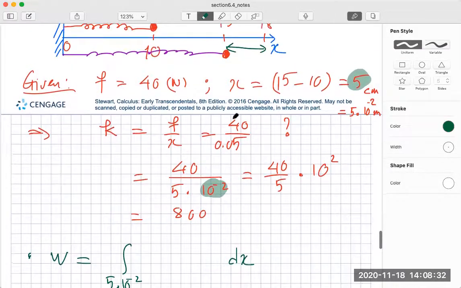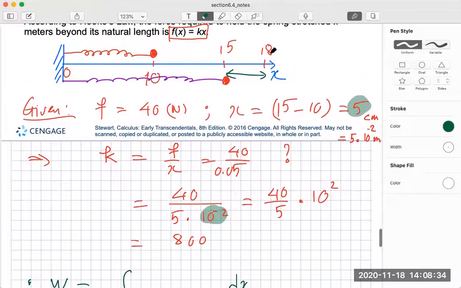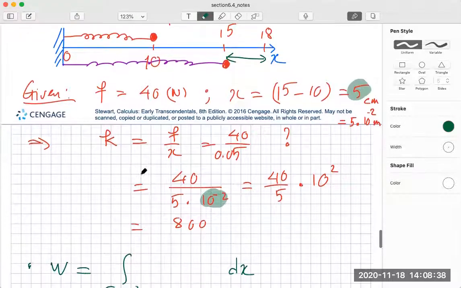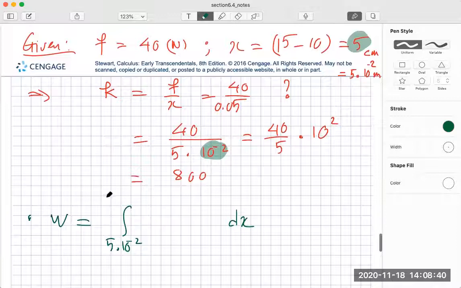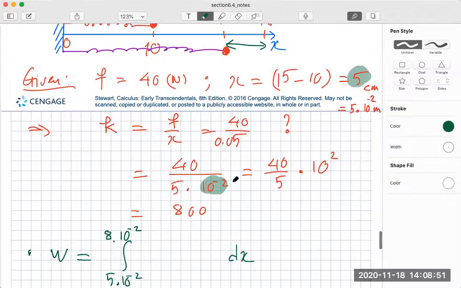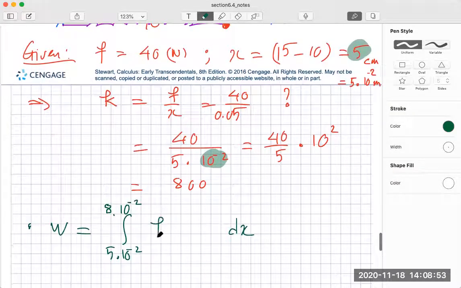And the next position will be 8 times 10 to the minus 2. Force times dx.